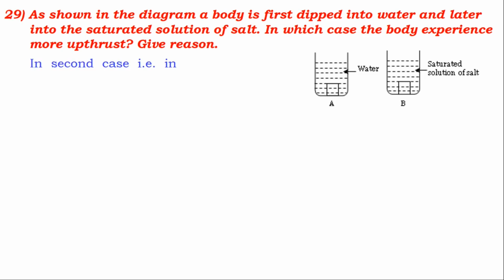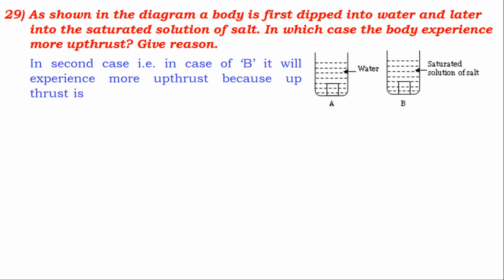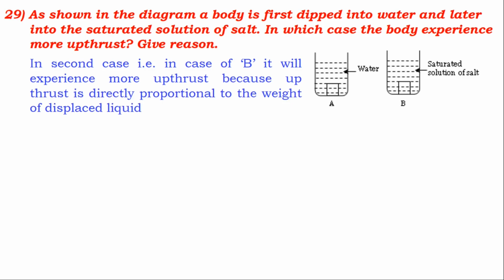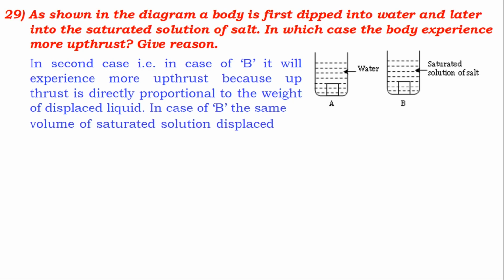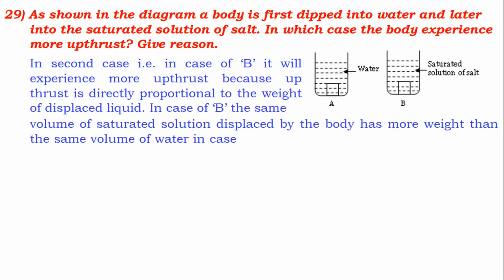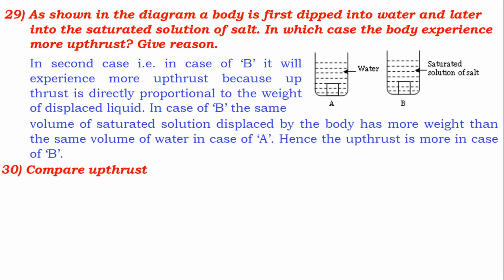This way, in second case, that is in case of B, it will experience more upthrust because upthrust is directly proportional to the weight of displaced liquid. In case of B, the same volume of saturated solution displaced by the body has more weight than the same volume of water in case of A. Hence, the upthrust is more in case of B.